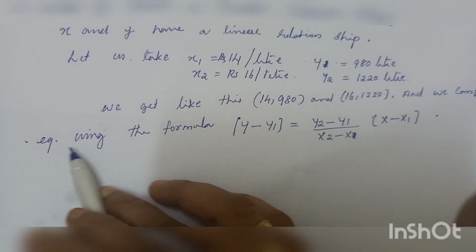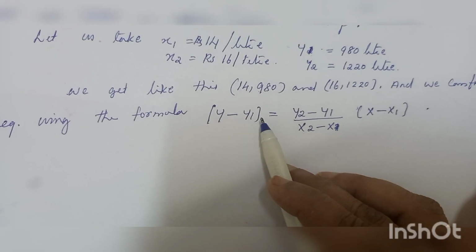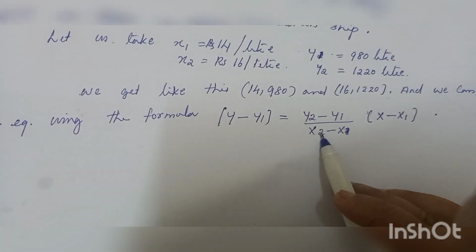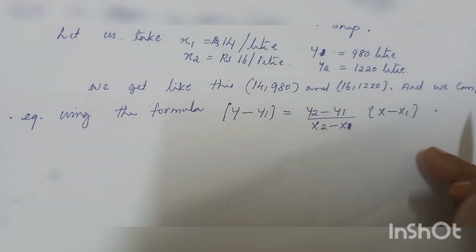We have to find the equation using the formula. What is the formula? y minus y1 is equal to y2 minus y1 divided by x2 minus x1, into x minus x1.